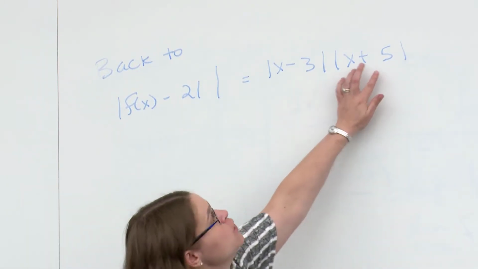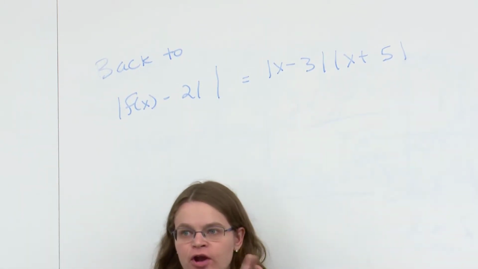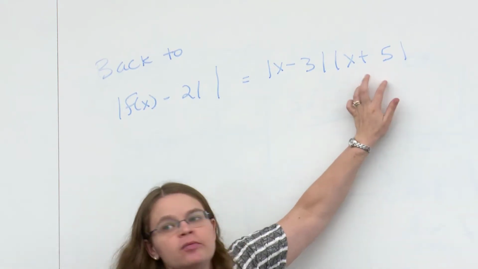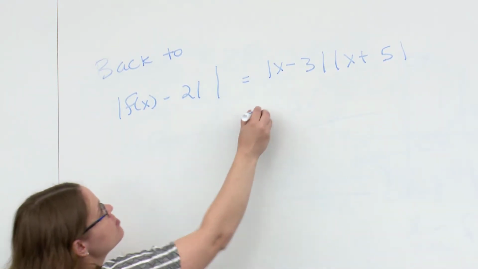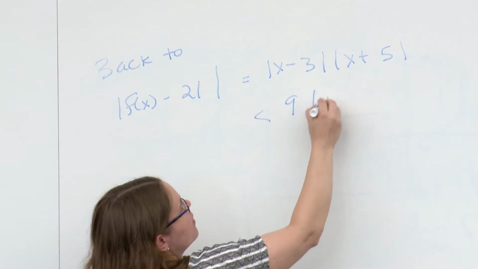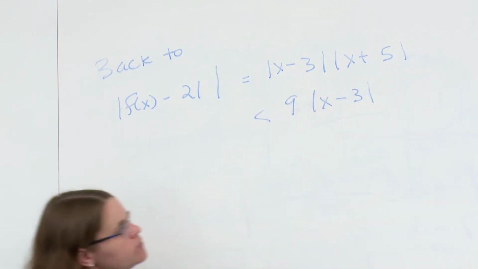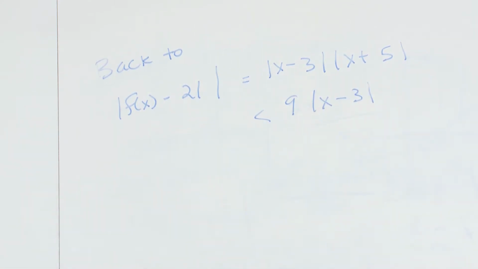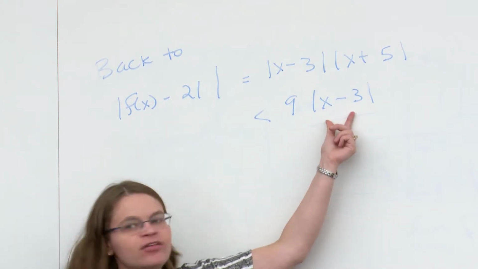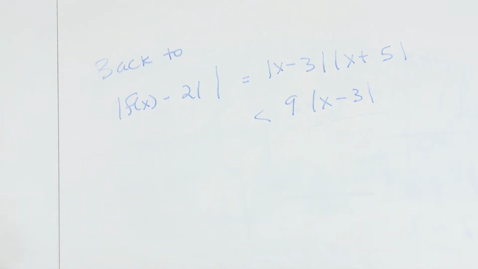And now I happen to know that as long as we stay within our window, this term is going to be less than 9. So this is less than 9 times |x minus 3|. This guy was my |x minus x naught|. And I'm trying to force this whole thing to be less than epsilon.